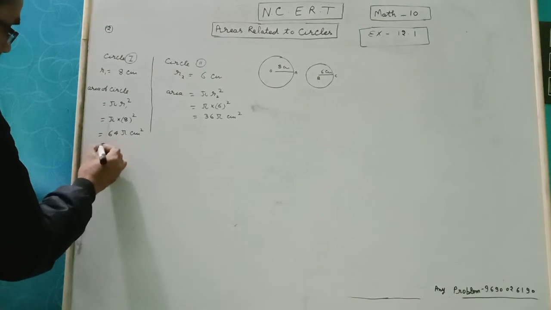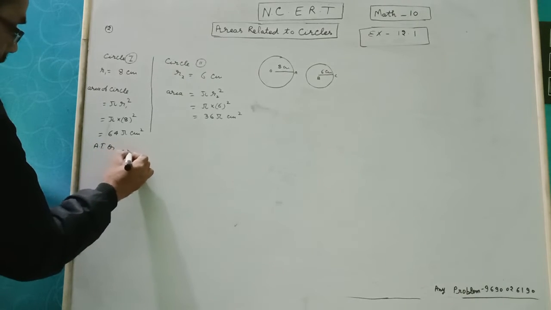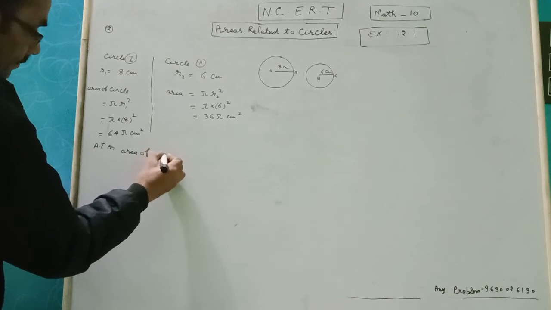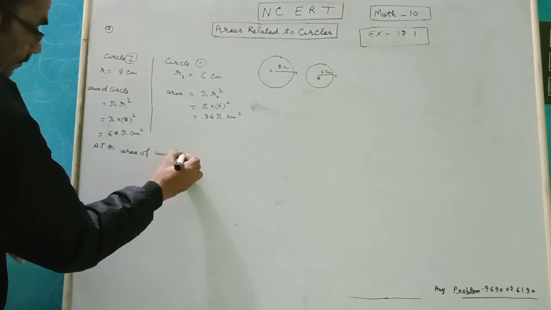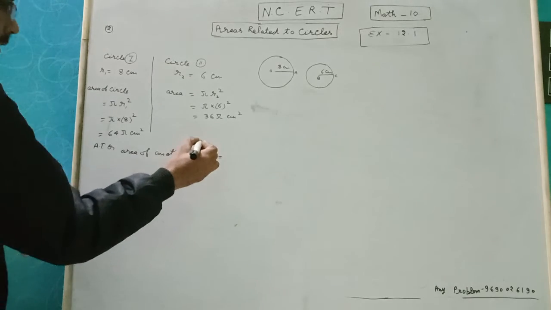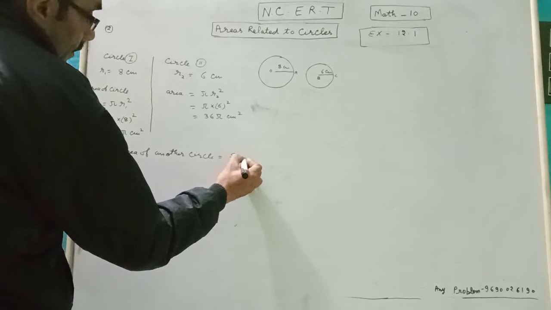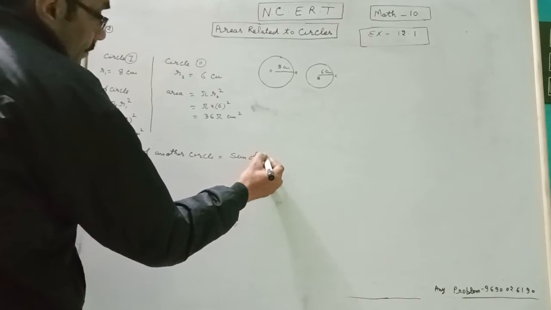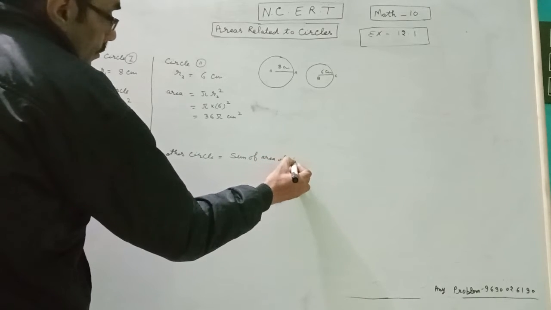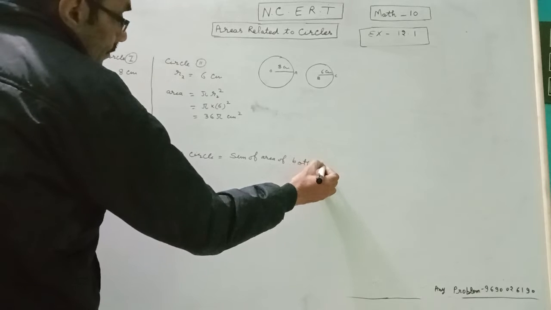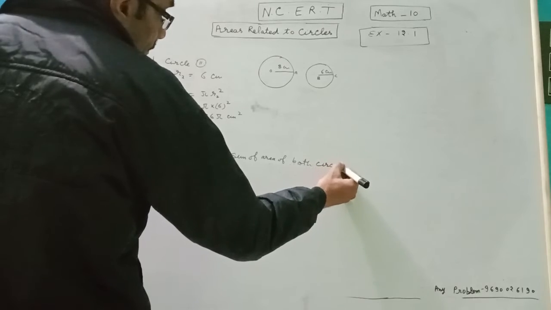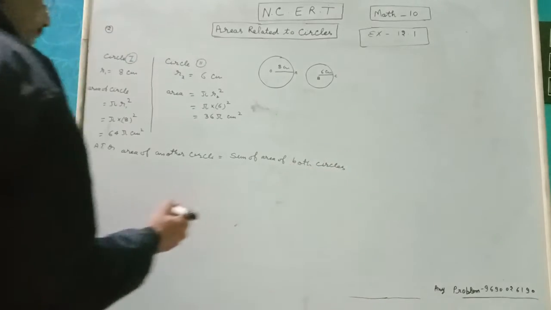According to the question, the area of another circle is equal to the sum of the areas of both circles whose radii are given.